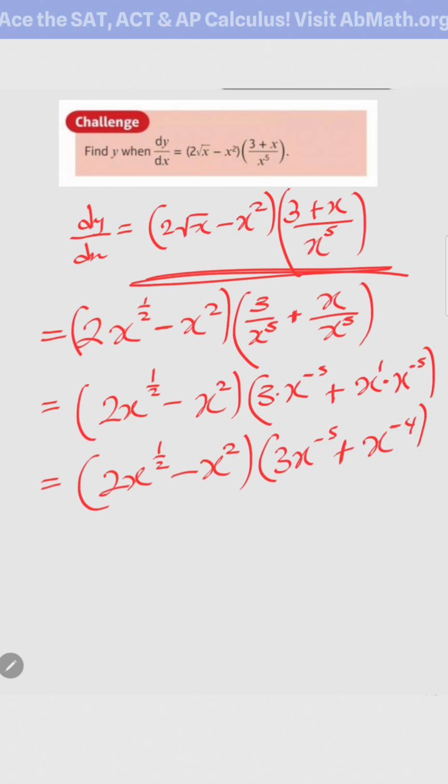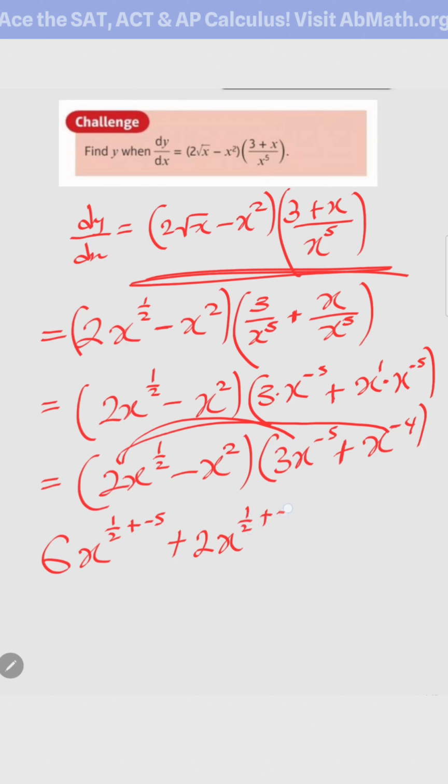Now we can expand these two expressions. So we use this to multiply this. We now have 6x^(1/2 − 5), then we also use 2x raised to power 1 to multiply by x raised to power negative 4. That will give us plus 2x^(1/2 + (−4)).